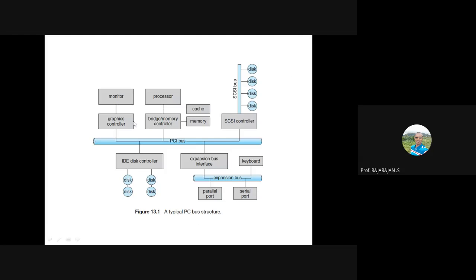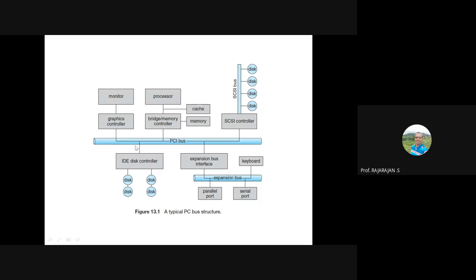Okay, and this is one popular bus architecture called the PCI bus architecture. PCI, which will be explained in the next slide, is one standard of bus. I think it was proposed by Intel. It is just talking about how you can interconnect the components of a computer together.